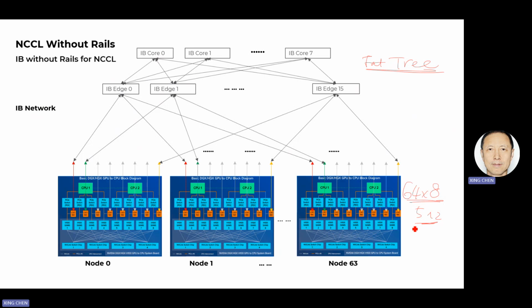To connect these 512 uplinks to the edge switches of the fabric, you need 16 edge switches. Each edge switch will have 32 downlinks and 32 uplinks, supposing you have a 64-port InfiniBand switch.